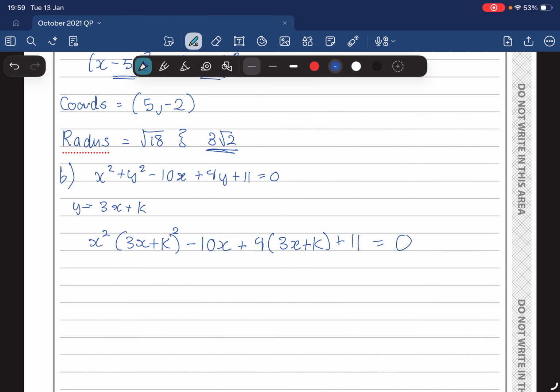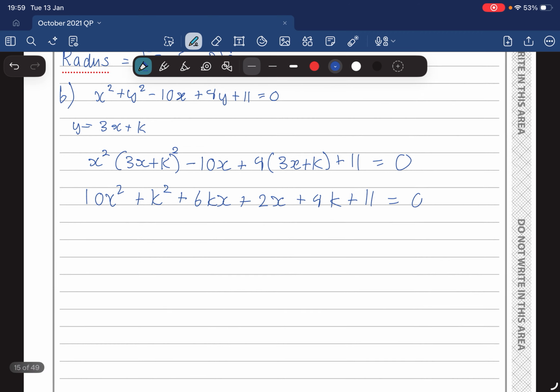We absolutely tidy that up. So we get 10x squared plus k squared plus 6kx plus 2x plus 4k plus 11. That is equal to 0.